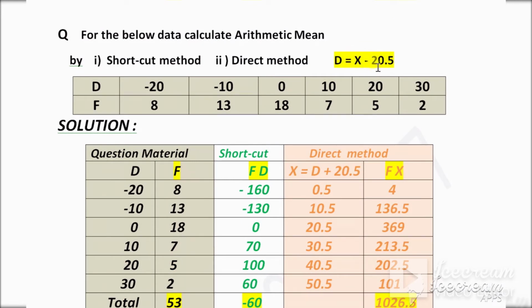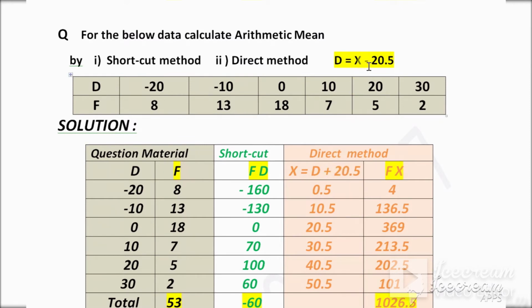This negative 20.5, when we change it to the other side, to the left side, will become plus. So this will become d plus 20.5. When you move this number to the d side, negative 20.5 becomes plus 20.5 with d. So x is equal to d plus 20.5.